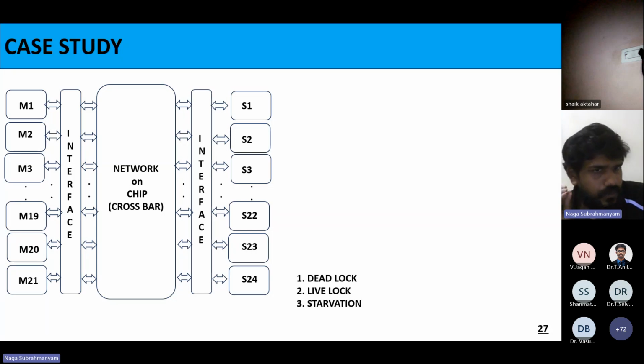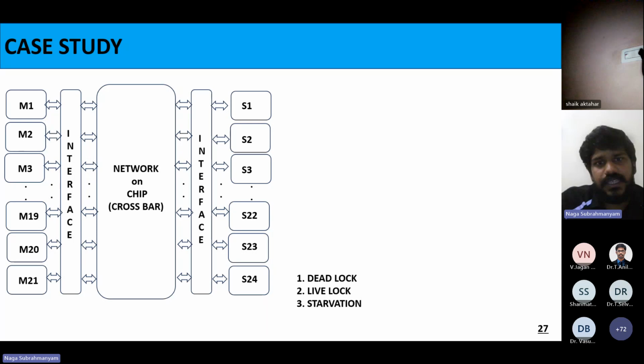What you want to understand here is that most of the designs are request and response based. First they put a request, yes, I want data. Suppose M2 wants to put some request to S3: I want some data from you.